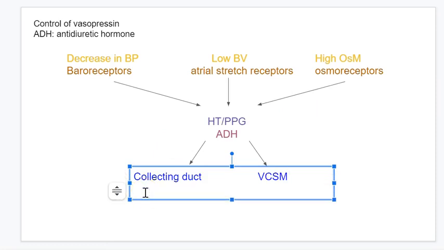For the collecting duct, the target tissue response is going to be the insertion of those water pores, right? To ultimately allow for increased water reabsorption in order to conserve water. And for vascular circular smooth muscle, it is going to be vasoconstriction.